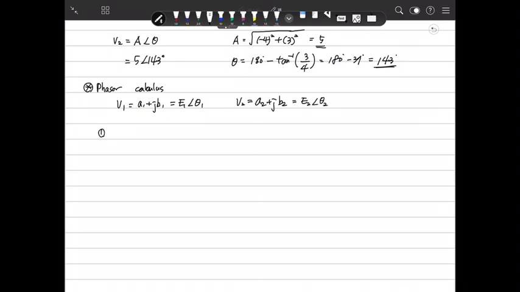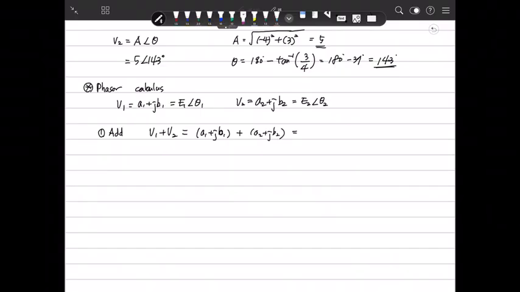First, we can add. How can we do that? V1 plus V2. In this case, the rectangular form is more useful because the real can be added with the real, and the imaginary with the imaginary. So there will be A1 plus j B1 plus A2 plus j B2.